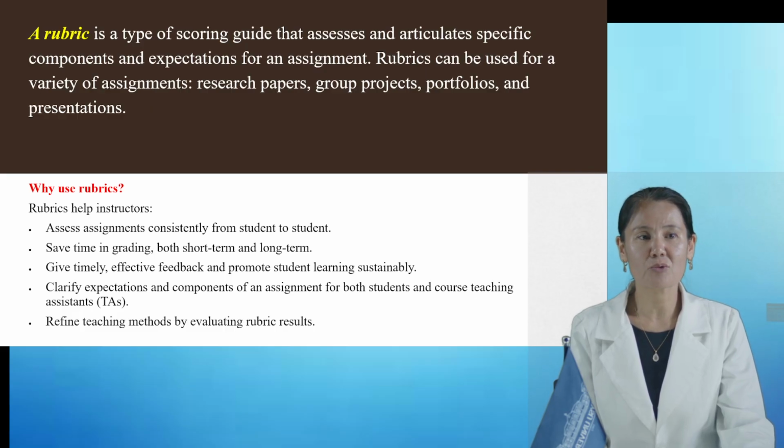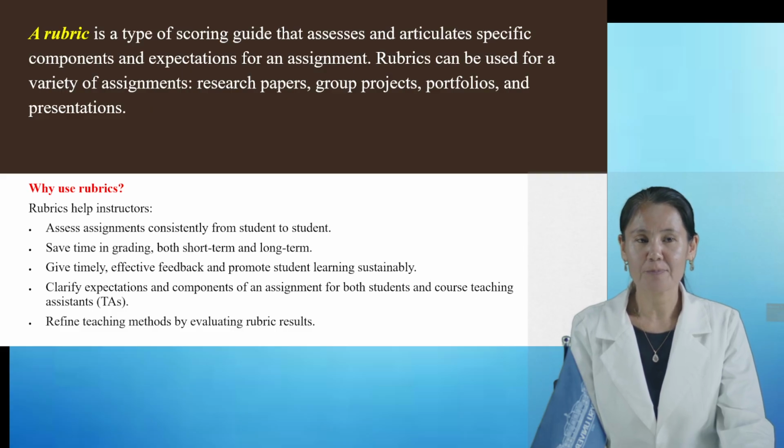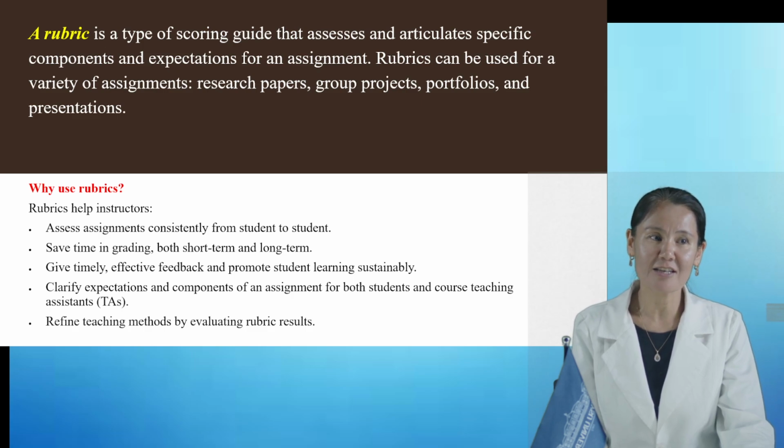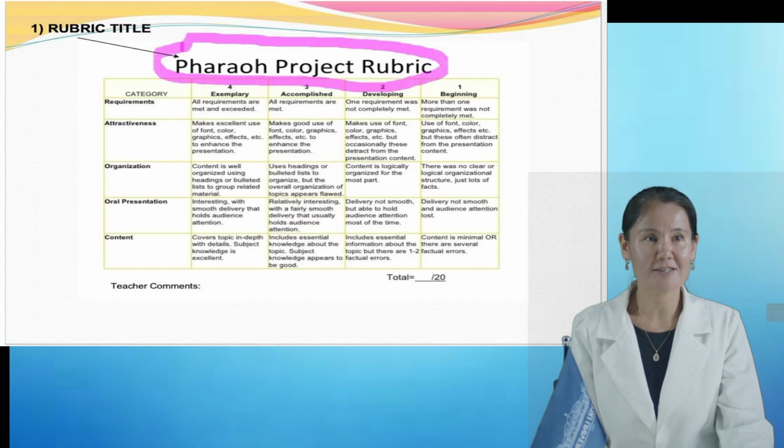Save time in grading both short-term and long-term. Give timely, effective feedback and promote student learning sustainably. Clarify expectations and the components of an assignment for both students and the course teaching assignments. Refine teaching methods by evaluating rubric results.